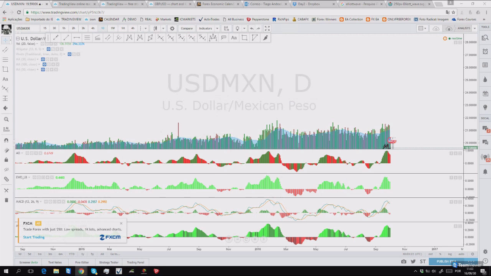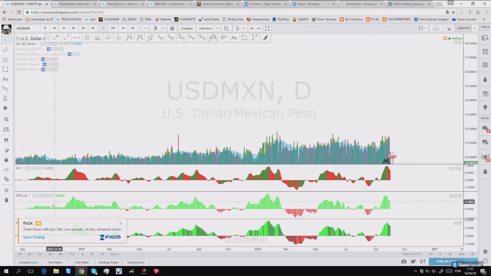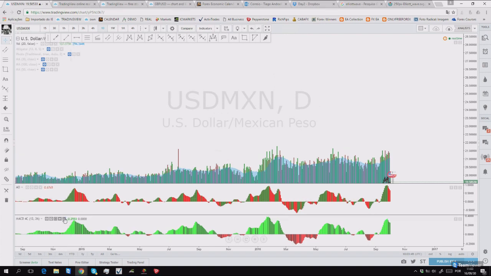Just this gives you a change in color. So they're basically the same. You can use either. These will help counting waves, as you'll see in a minute.